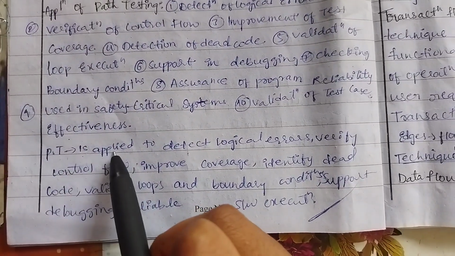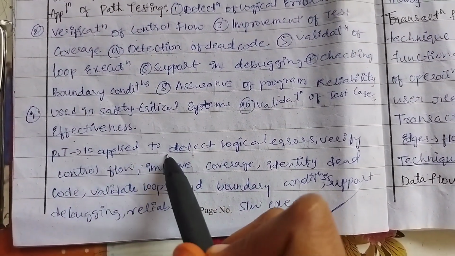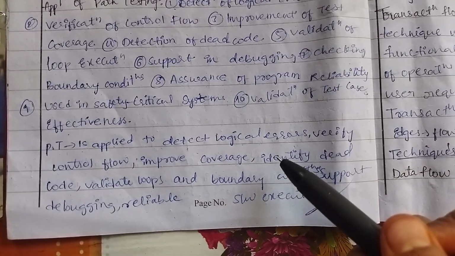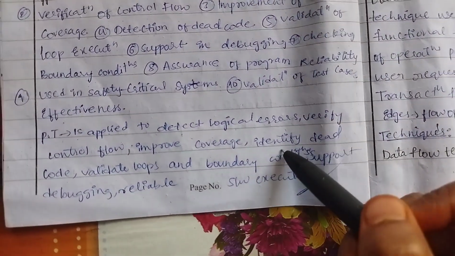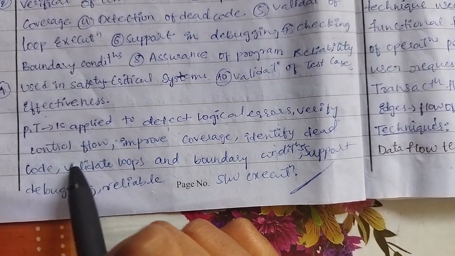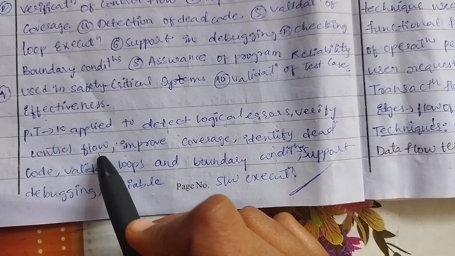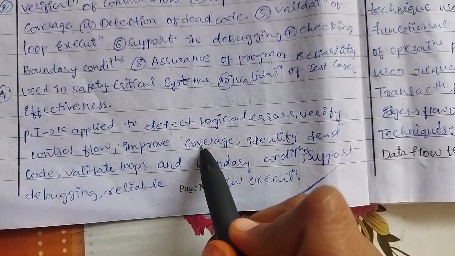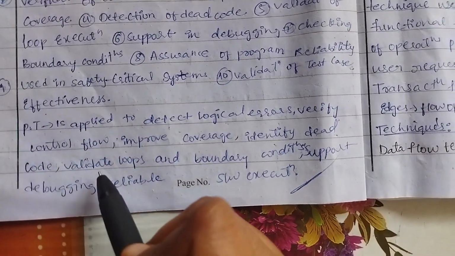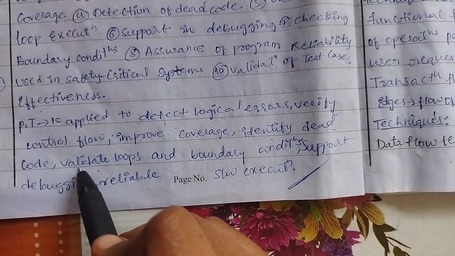Path testing is applied to detect logical errors. It is a process of finding errors and verifying control flow statements, improving coverage, path coverage, and identifying dead code which is not used.